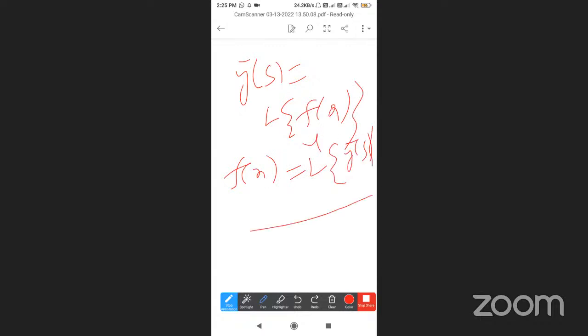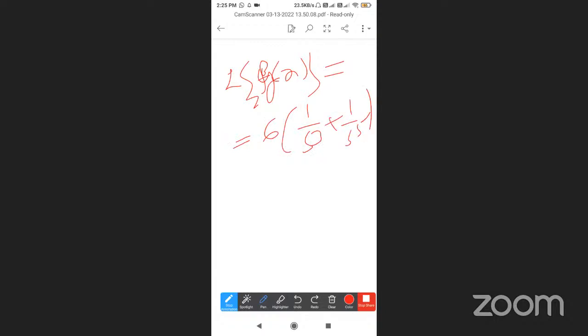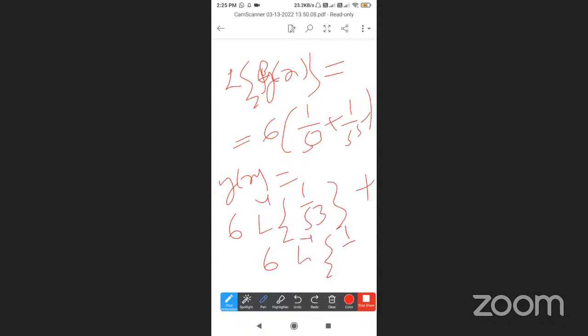So y of x is equal to 6 into 1 by s cube plus 1 by s to the power of 5. On the right side, y of x is equal to 6 into L inverse of 1 by s cube plus 6 into L inverse of 1 by s to the power of 5.